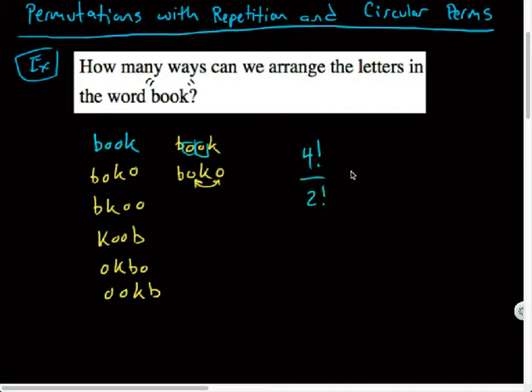And if I divide these two things, I'm going to eliminate the repetition as a result. So I'm going to have 4 times 3 times 2 factorial over 2 factorial. And I'd have those 2 factorials cancel like so. And I have 4 times 3, which is 12 ways.